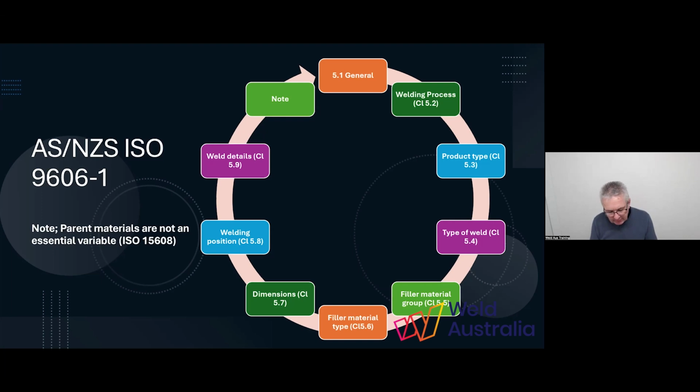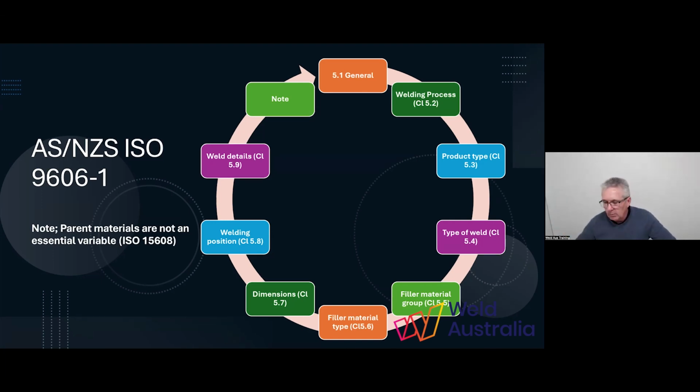So we should still have the type of current and polarity, parent material groups and subgroups, and shielding gas, but they're not considered an essential variable. All right. But they still got to be documented on the document. It's funny that that's right at the back of the standard about the designation side of it. But these are the things that we'll be looking at as we go through the particular standard as an essential.